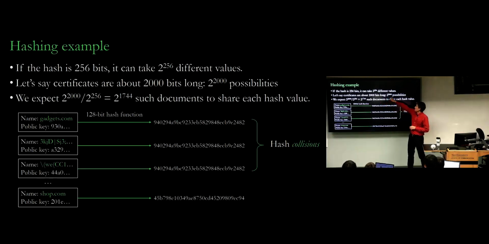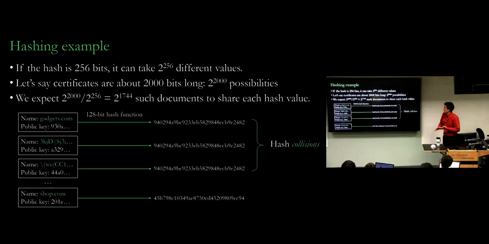That means that there are 2^2000 different possibilities of documents that long, right? If we divide the two, we get a huge number of expected documents that share each hash value, right? And if we let the length of these documents grow to arbitrary size, you can get an infinite number. That's why I say there's an infinite number of documents that you're signing.